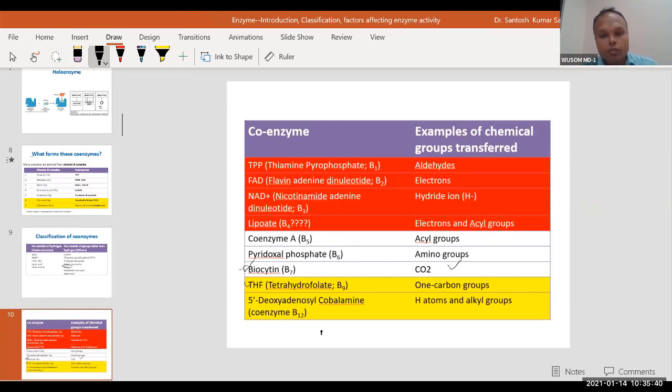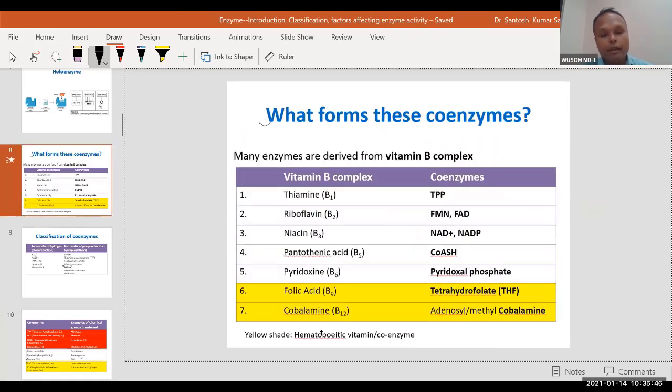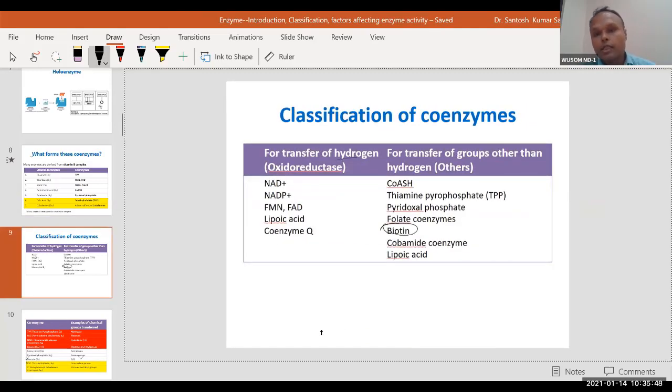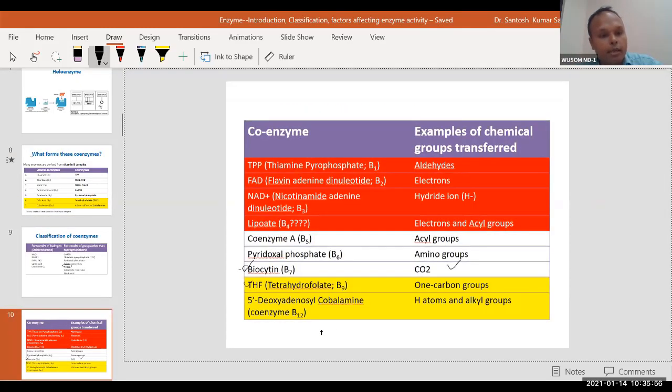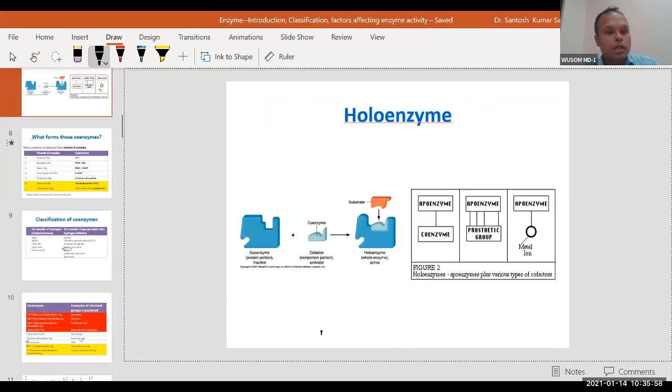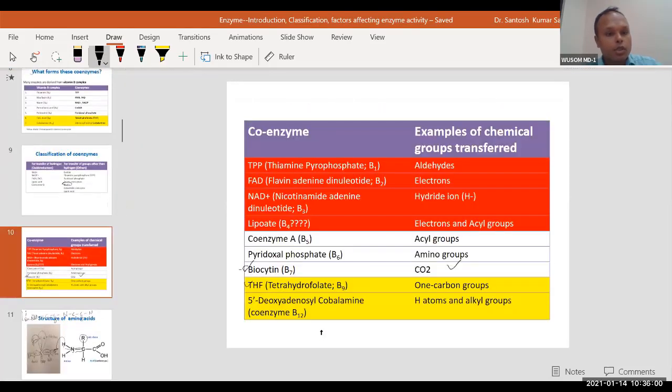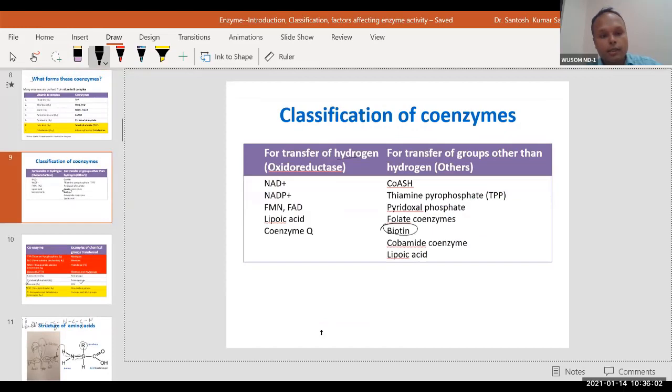Biotin does CO2. And they are also important. If you remember these 3 slides, you will find memorizing and understanding biochemistry later very easy. So I want you to revise it many times, repeat it many times, so that you will easily remember. These 3 slides are very important. The questions will be coming from these 3 slides.